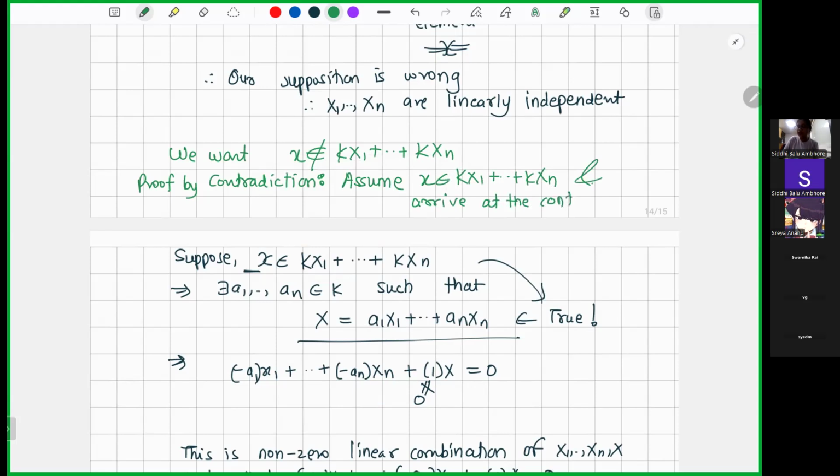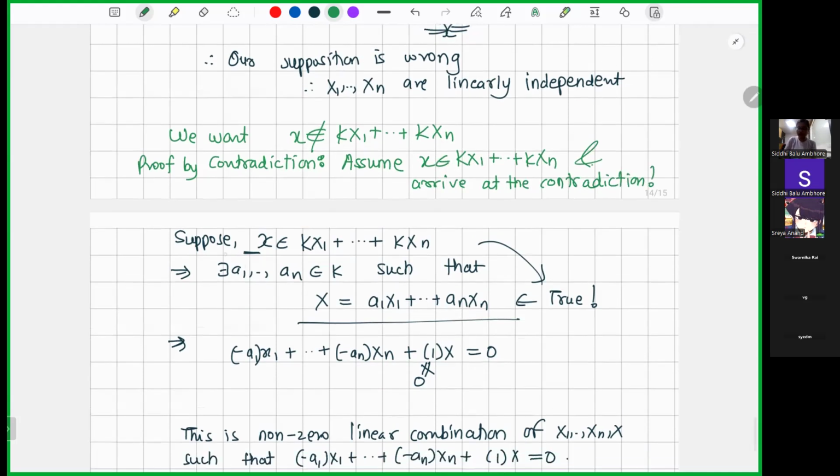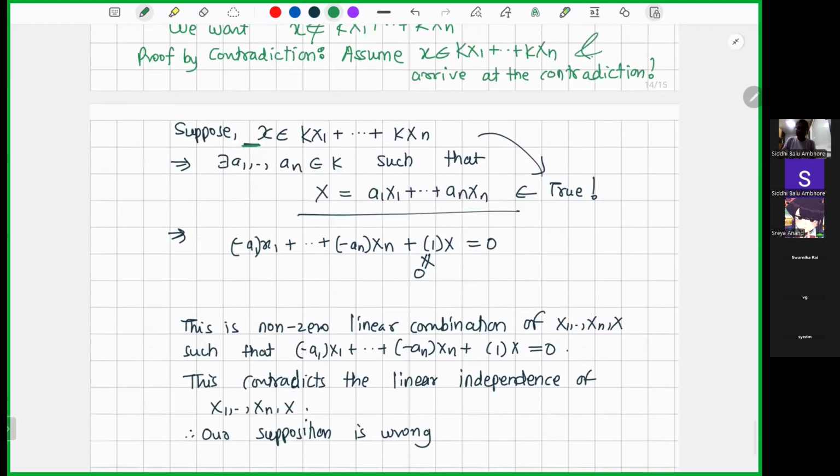Contradiction means something that is not correct based on the given assumption or hypothesis. So we assume that x belongs to that linear combination of x1 up to xn. And what does that mean? That there exist a1 to an in K such that this x can be written as a linear combination of x1 to xn, right?